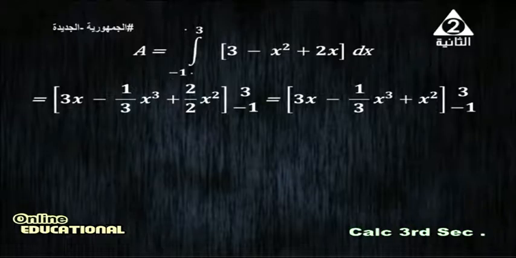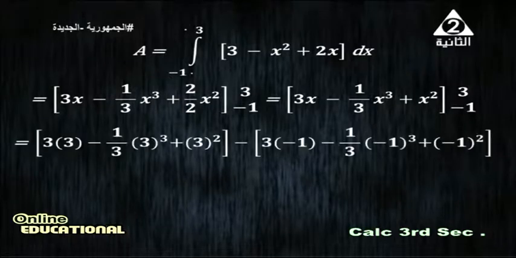Now we can find the value of this integration by substitution in this function. The first bracket: 3 multiply 3 minus third multiply 3 to the power 3 plus 3 to the power 2, minus the second bracket: 3 multiply negative 1 minus third multiply negative 1 to the power 3 plus negative 1 to the power 2.